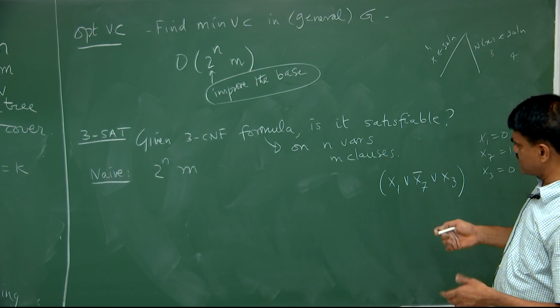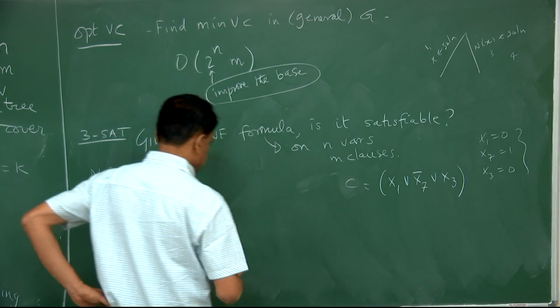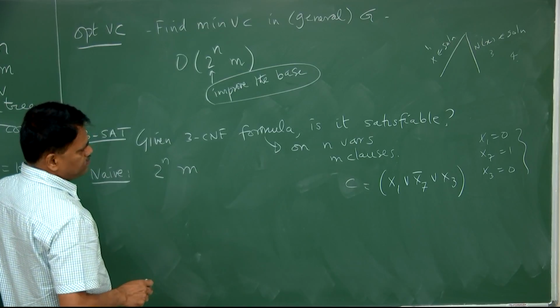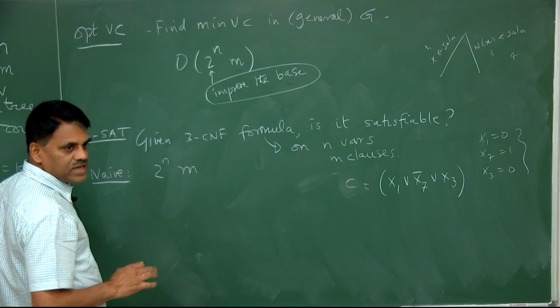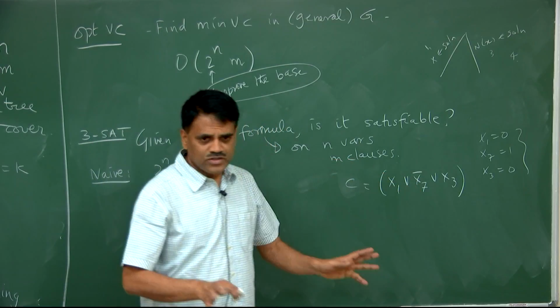So what is the recursive algorithm? Let's say this is one clause. I will have a branching for these 3 variables, just for these 3 variables. Is the whole thing clear?